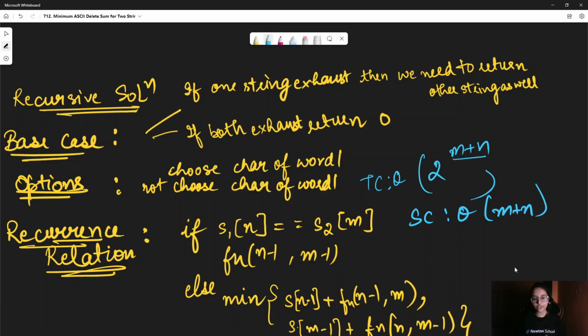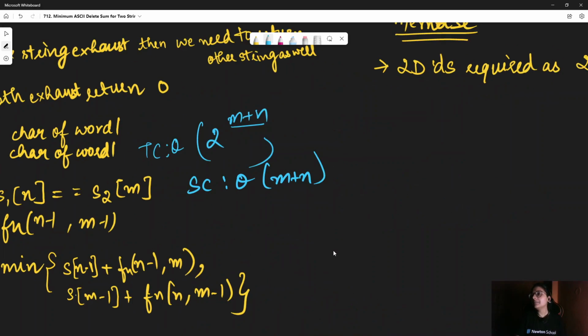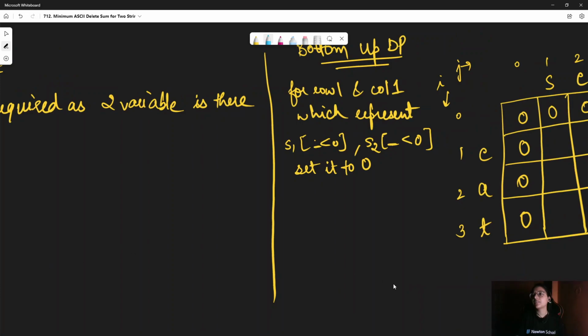In that DP solution, the base cases would be handled by making a DP table in such a manner by adding one extra row and one extra column. By that only, we would be able to come up with a base case. Here, our base case was that if both of them are exhausted, meaning both of the indices are 0, then in that case we will be returning 0. So there, the table would be formed something like this.